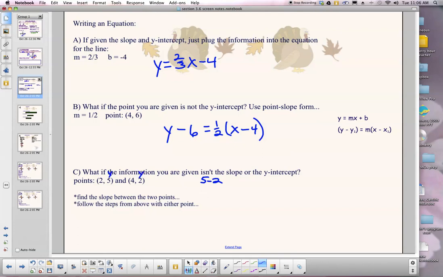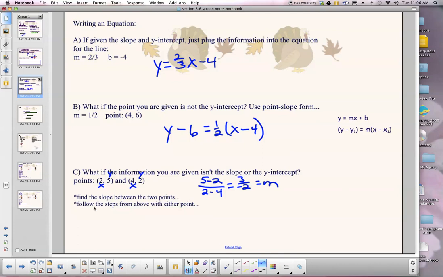The difference of my y's is 5 minus 2, over the difference in my x's, I have to do 2 minus 4. You have to go the same way. So if you do this point minus this point, then you have to do this point minus this point. So the slope of my line would be 3 over -2, or -3/2.